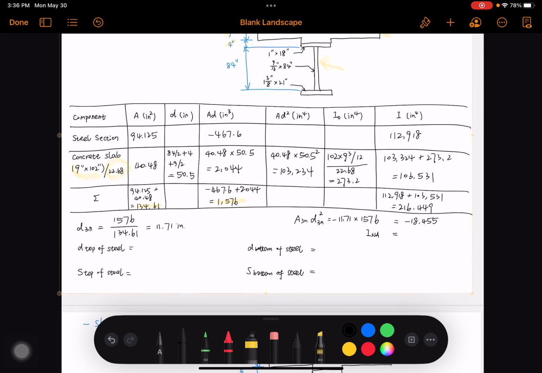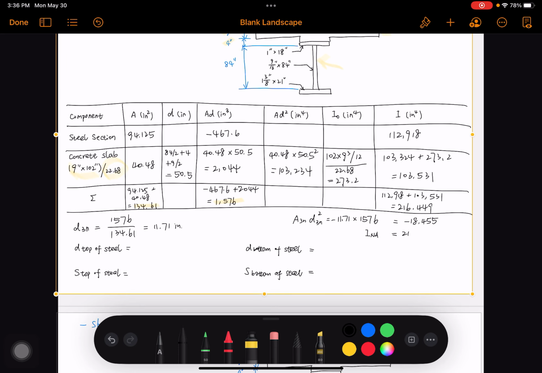And INA equal to 216,449 minus 18,455, equal to 194,994 inch to the fourth power.